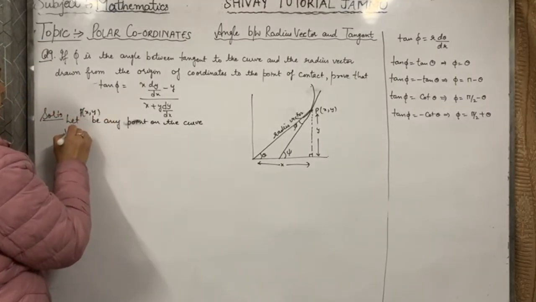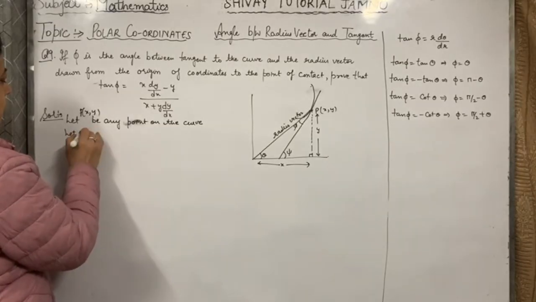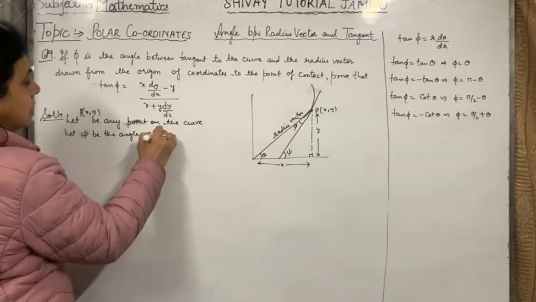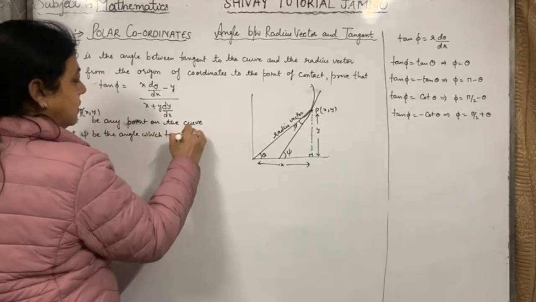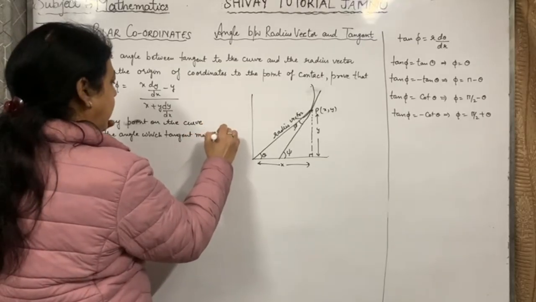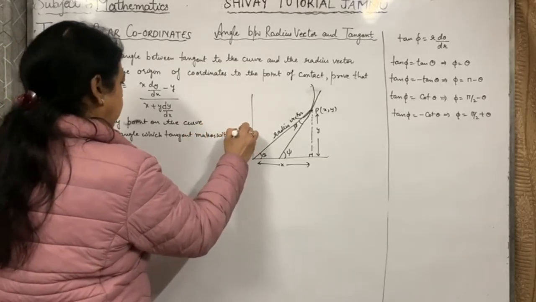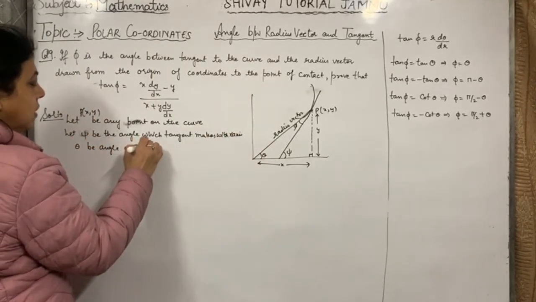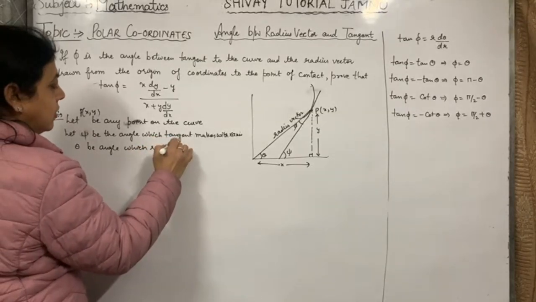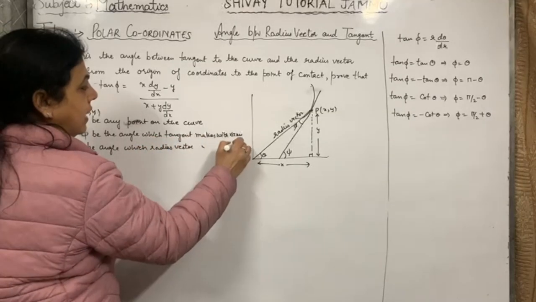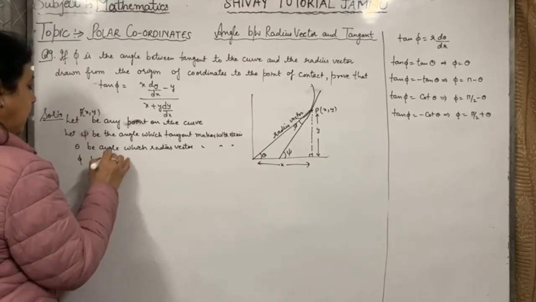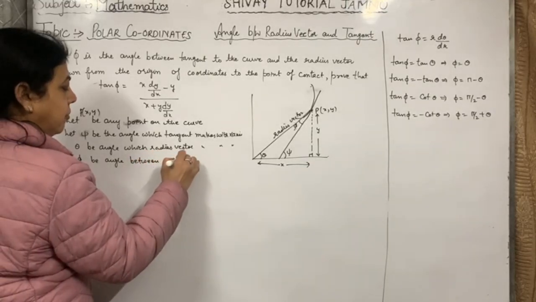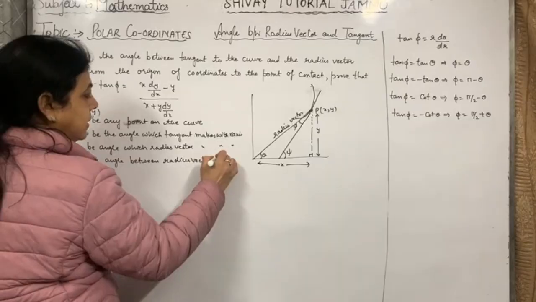Let psi be the angle which the tangent makes with the x-axis and theta be the angle which the radius vector makes with the x-axis and phi be the angle between radius vector and tangent.